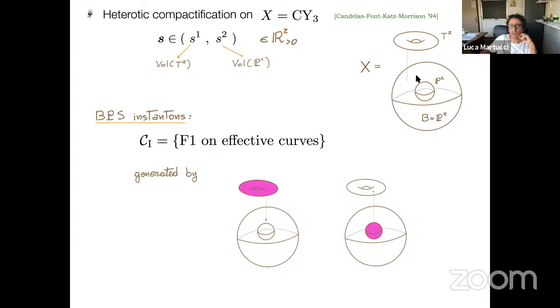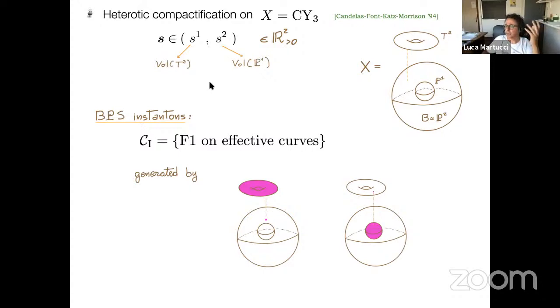Okay, such a model has 2 Kähler moduli, and let's focus, as already mentioned, on the perturbative regime corresponding to a large volume, in which these 2 Kähler moduli, these 2 saxions, are very large. These 2 saxions measure basically the volume of these 2 cycles here.